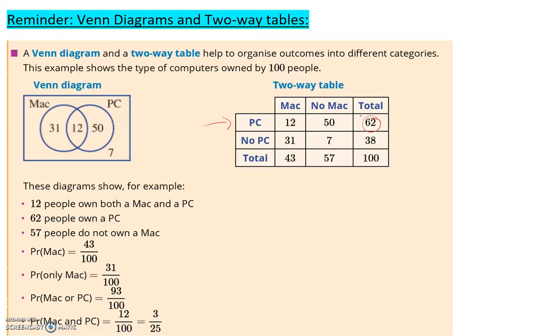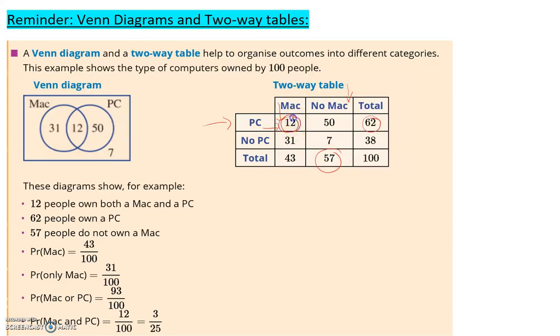The total number of people who do not own a Mac, so no Mac, you go down to Mac, keep going down to the total, and the total number who do not own a Mac is 57. Likewise, the number of people who own both a PC and a Mac, they coincide over there.